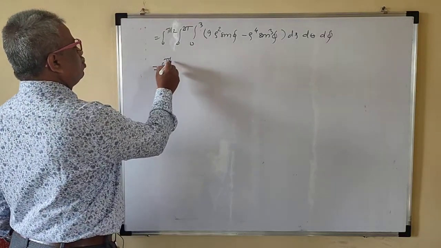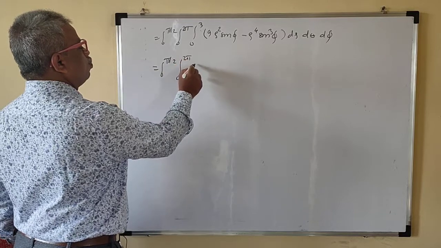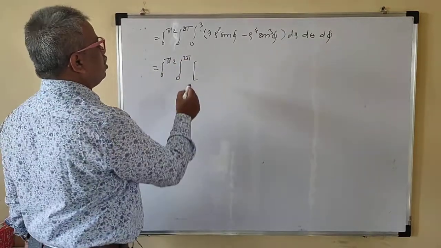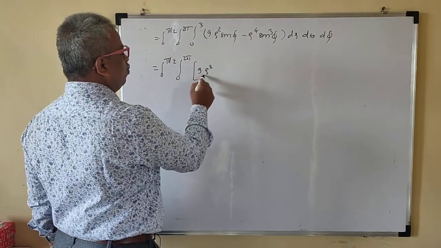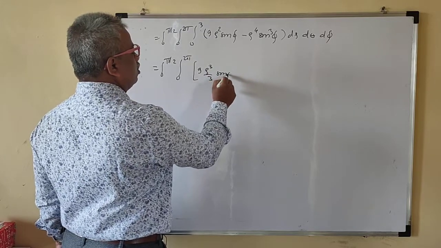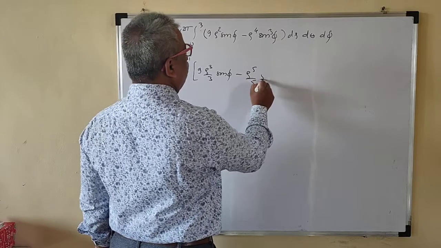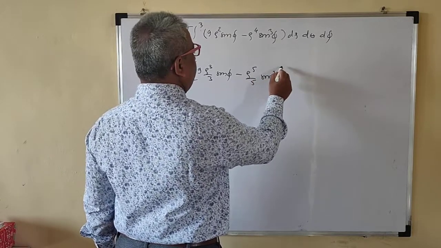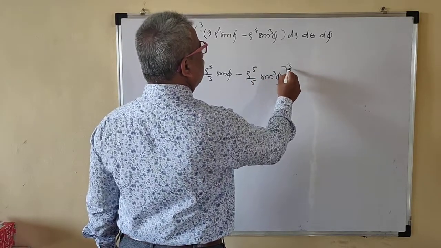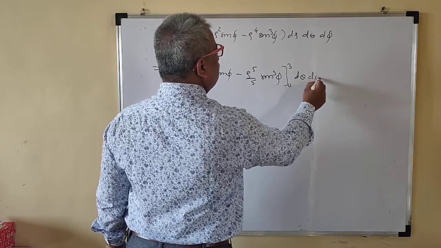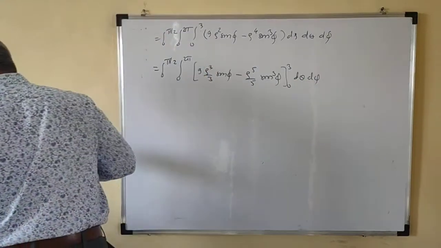So this is 0 to pi by 2, 0 to 2 pi. This is 9 rho cube upon 3 sin phi minus rho to the power 5 upon 5 sin cube phi, from 0 to 3, d theta d phi.